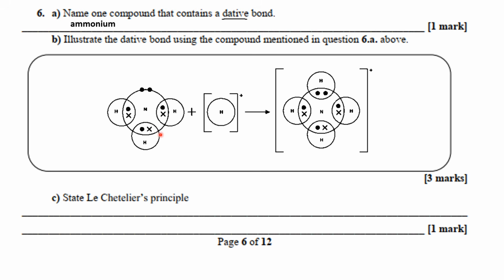So here, it's ammonia which will contribute the two electrons to bond with this proton, like this. As you see, these two electrons from ammonia, from nitrogen, are being used to bond with hydrogen. End of story there. That's what this question is asking us.